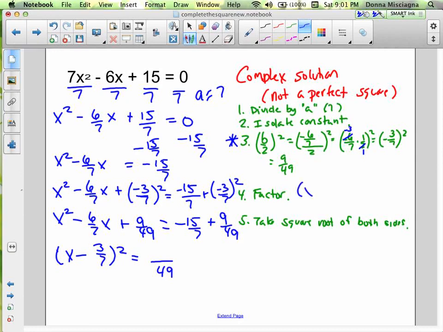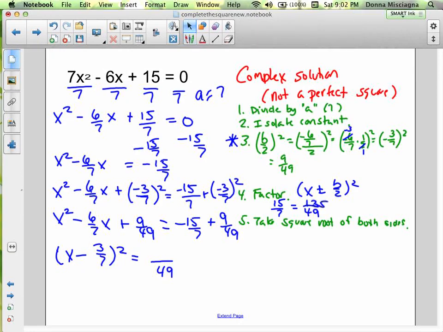Oh, I didn't write that over here: x plus or minus b divided by 2 squared. We have to multiply the numerator and denominator by 7. So 15/7 is equal to, multiply 7 by 7, you get 49, and 15 by 7, you're going to get 135. Right? I'm doubting myself. Hold on. Oops, no, wait.